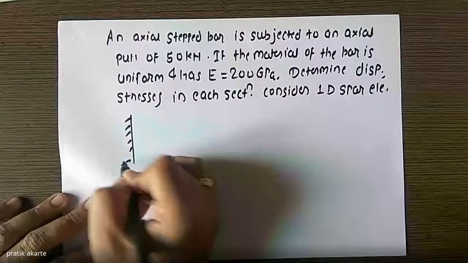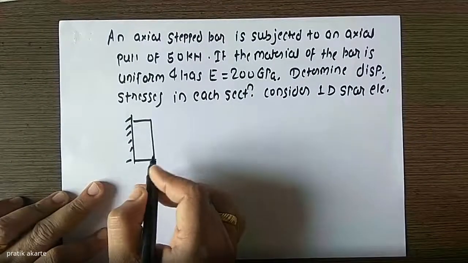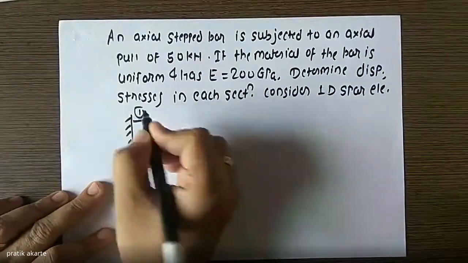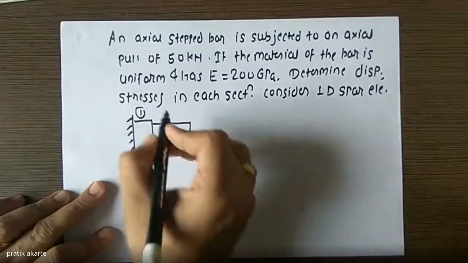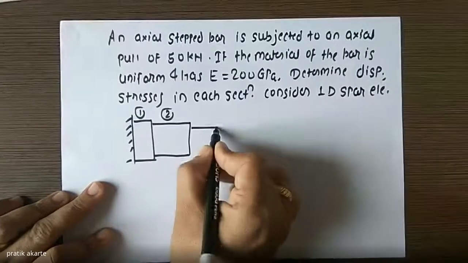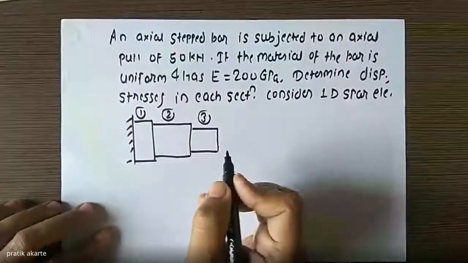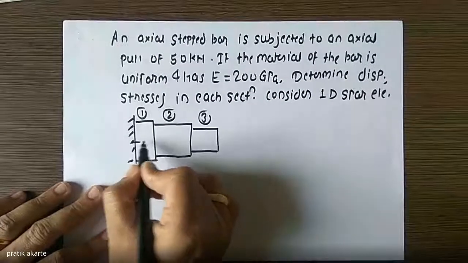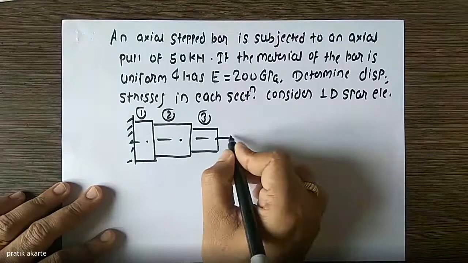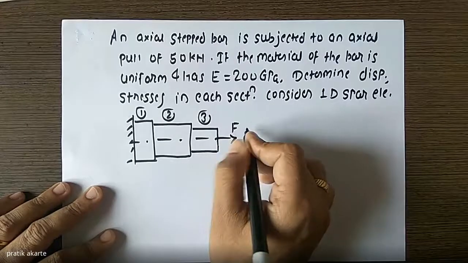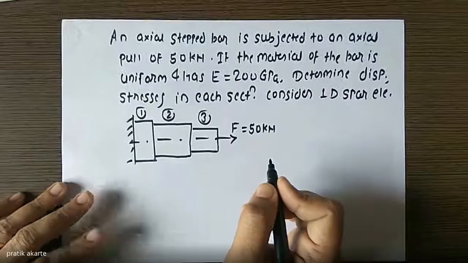A stepped bar is there. This is the first portion, which is element number 1. Then we have the second portion, which is element number 2, and this is the third portion, which is element number 3. So this bar is there, and we have an axial pull of 50 kilonewton at one end.